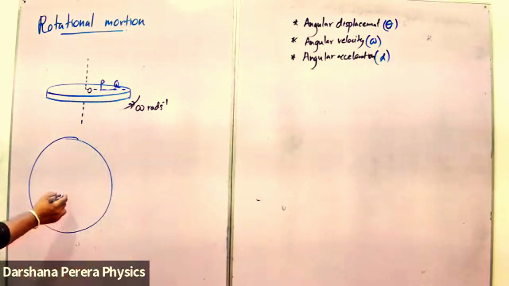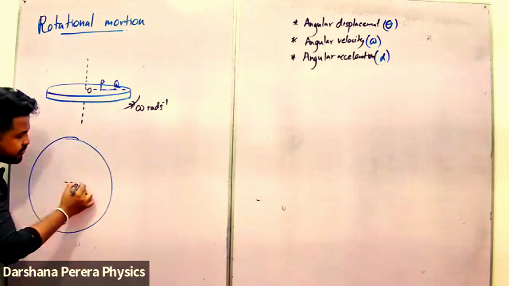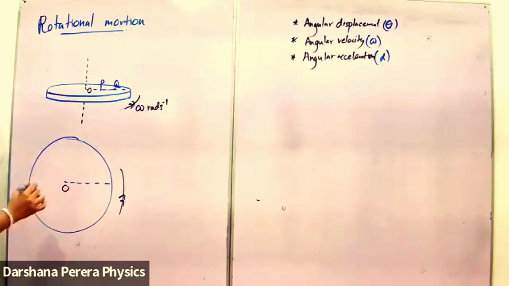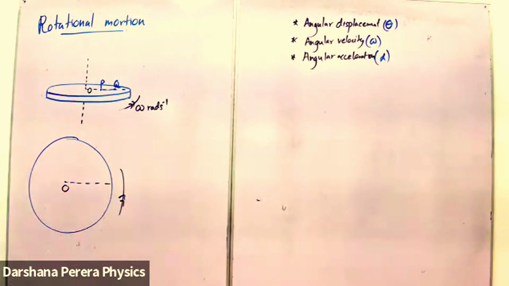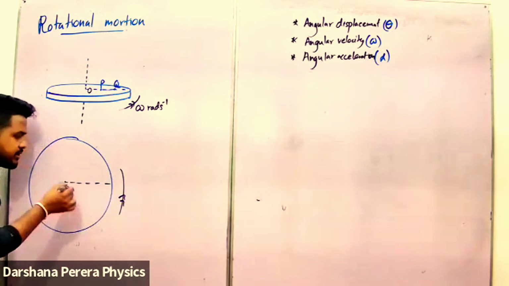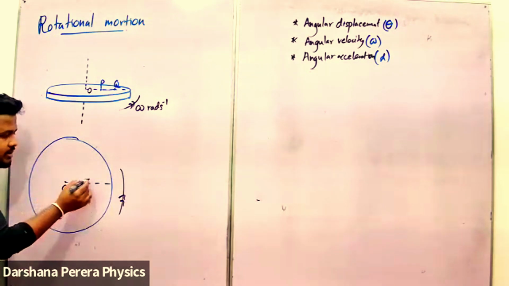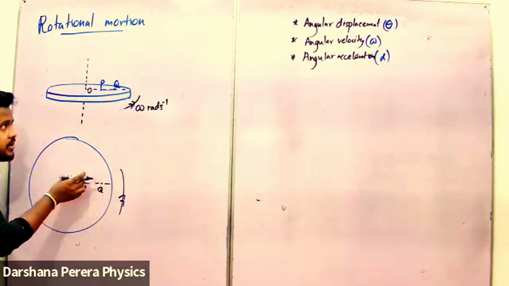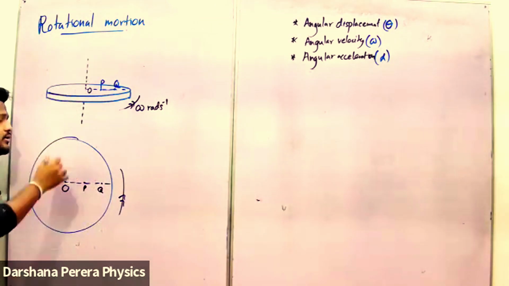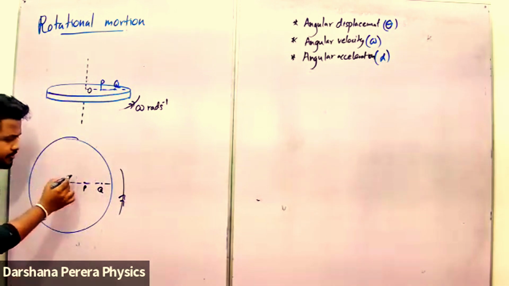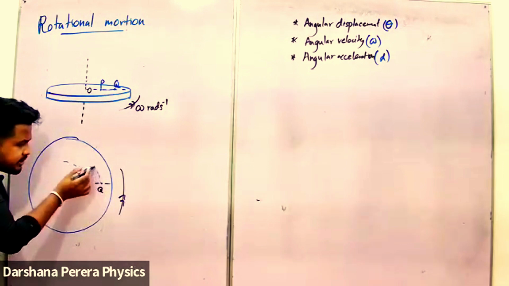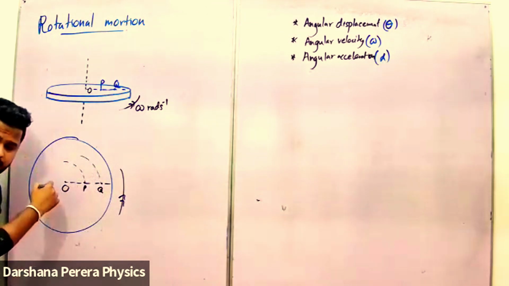Let me take this example. When it rotates in rotational motion, the axis is O. Therefore, when it rotates around the O axis, let me take the P and Q particles. I am looking from the upward direction. When it rotates, P rotates in this direction, Q rotates in this direction.